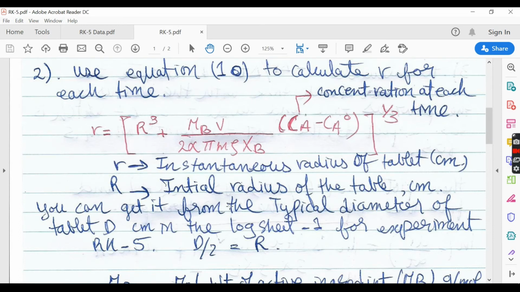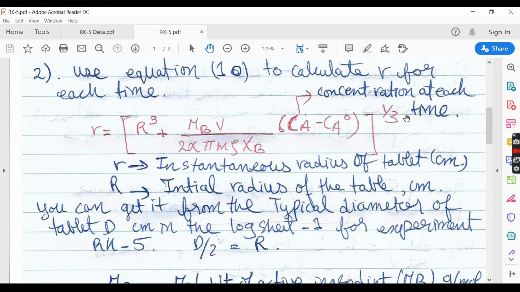The second requirement in this experiment is to substitute Ca into equation 10 and determine the radii at various times. So equation 10 here is this one. R, the radius at various times, is equal to R0, big capital R0, plus MB (Ca minus Ca0).